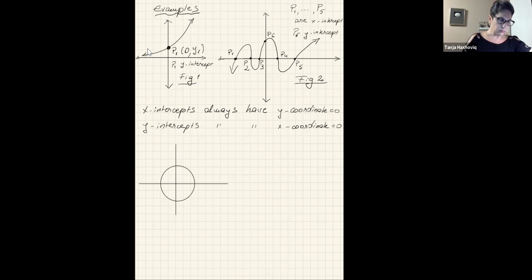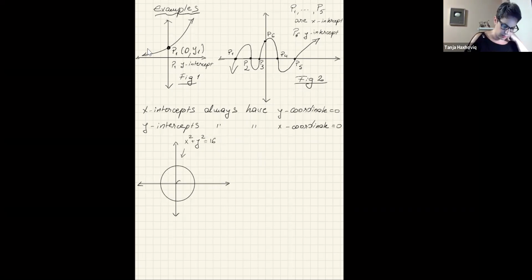As we will learn very soon, the equation of a circle is of this form, equal to 16.